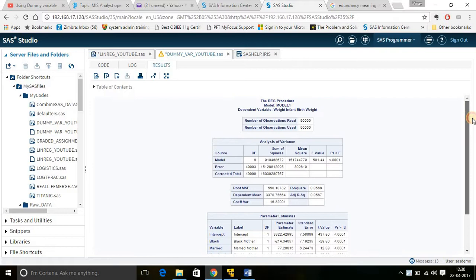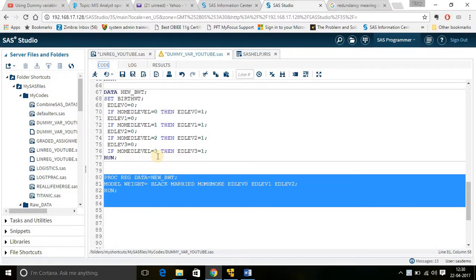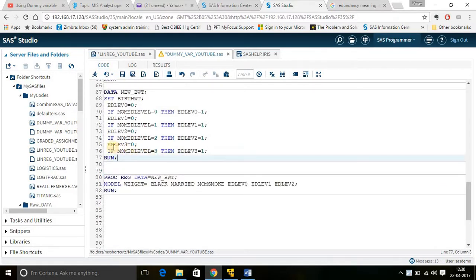So this was about dummy variable and multicollinearity, and I also showed you on purpose what we see when we introduce an extra variable. Like there are two categories and we can only create one dummy variable for that.